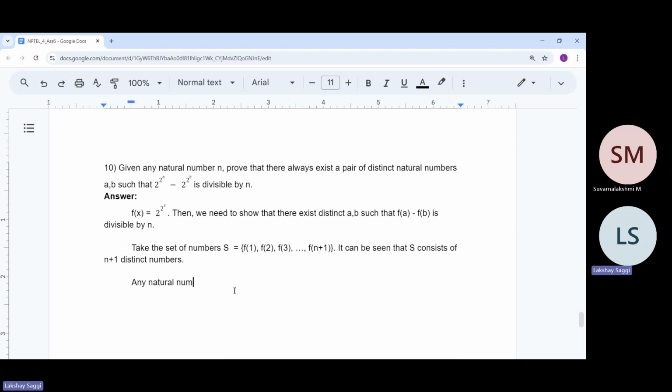So we know that any natural number when divided by n leaves remainder equal to 0, 1, 2 till n minus 1.